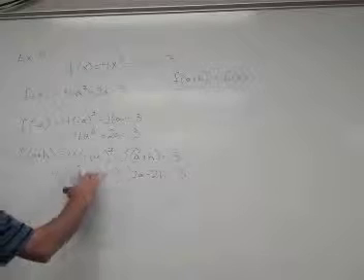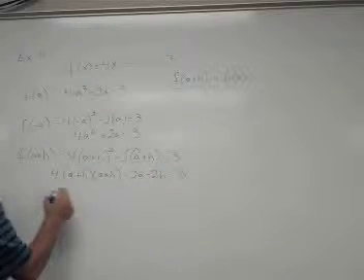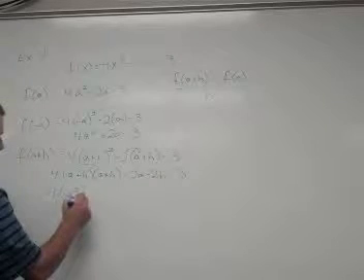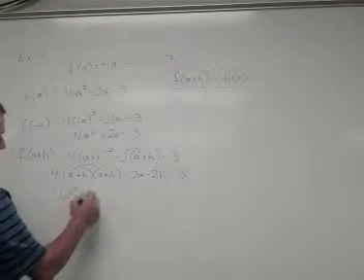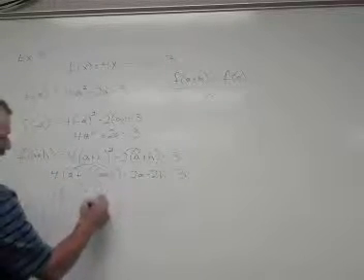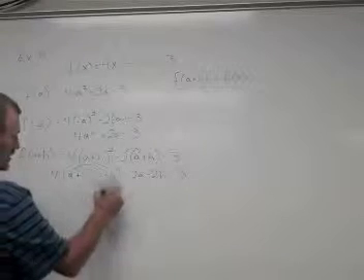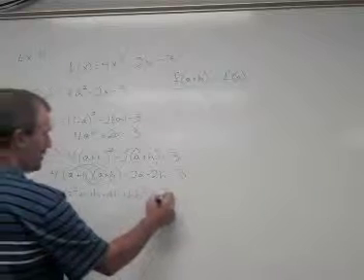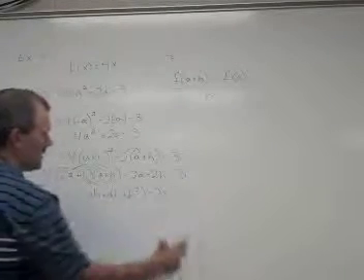And so we have to FOIL this out. So the 4 stays here. We get a times a is a squared, plus a times h, plus a times h again, plus h squared. And then we have minus 2a minus 2h minus 3.